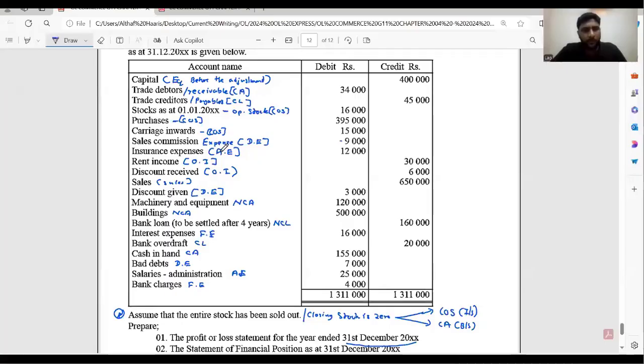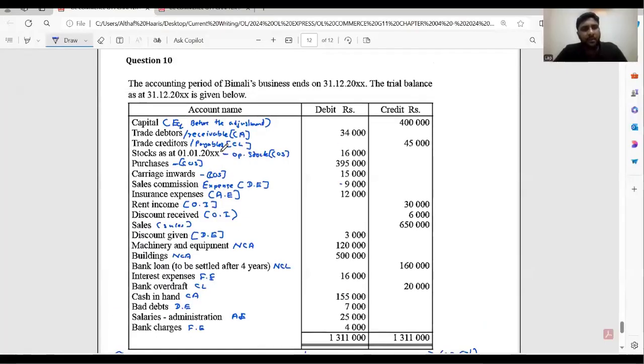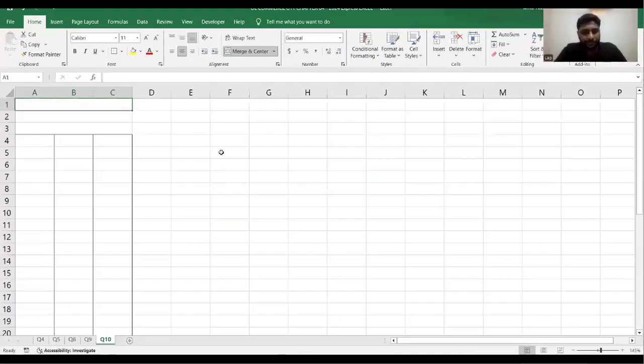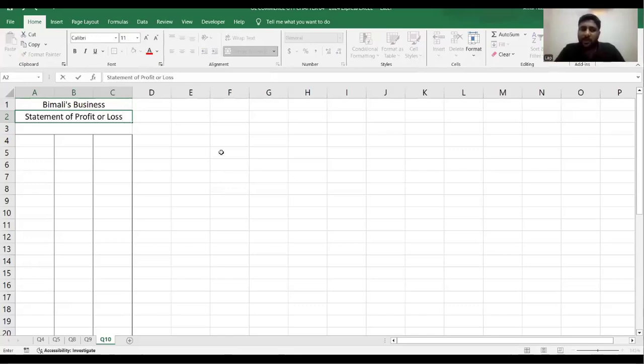Okay, so whose business is this? Bimali's business. Statement of profit or loss. If not, you can write profit or loss statement also. Both are fine. For the year ended 31st December 20XX.